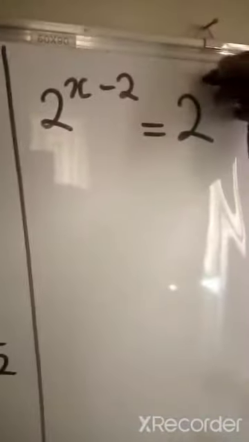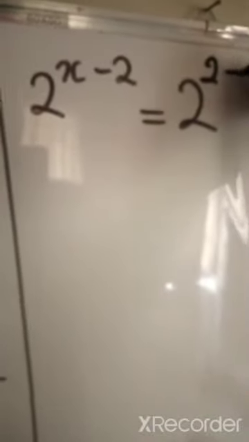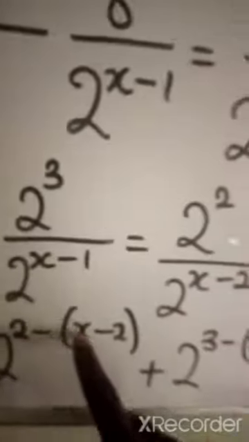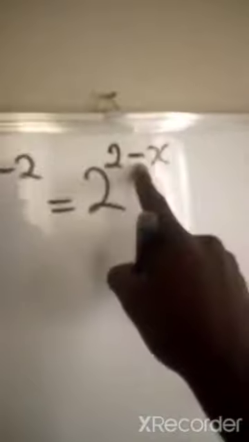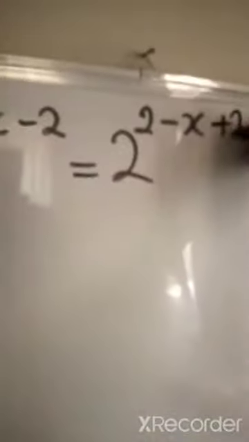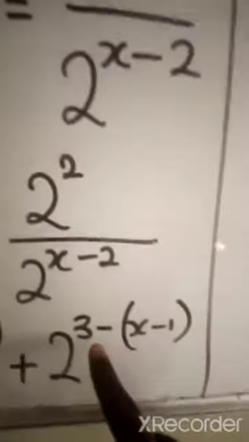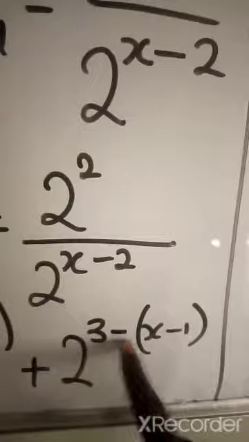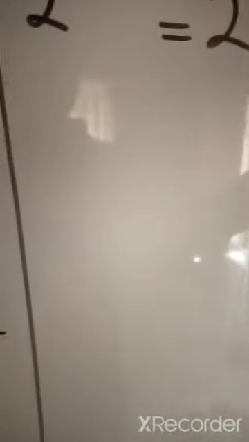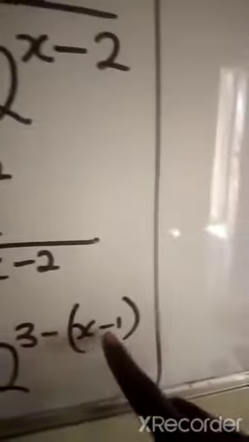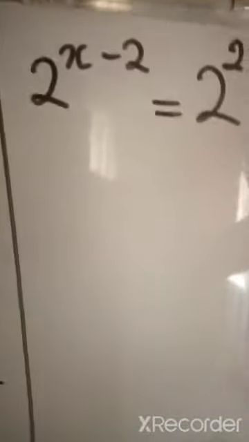So now this will give us 2 minus x plus 2. So then the last one, also open the bracket: minus times x will give us 3 minus x. Then minus times minus 1 will give us plus 1.